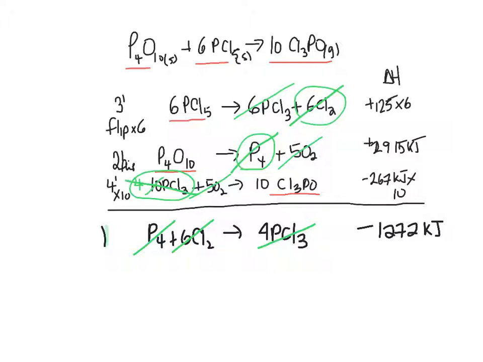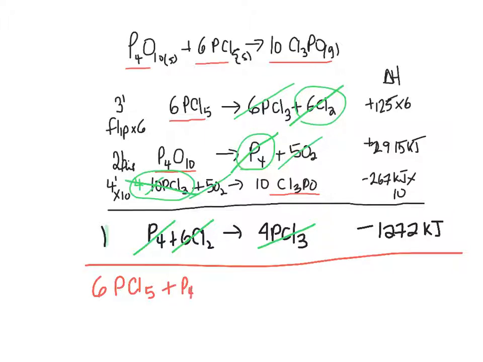So my net equation: 6 PCl5 plus P4O10 are what's on the left side of the arrow. 10 Cl3PO is what's left on the right.